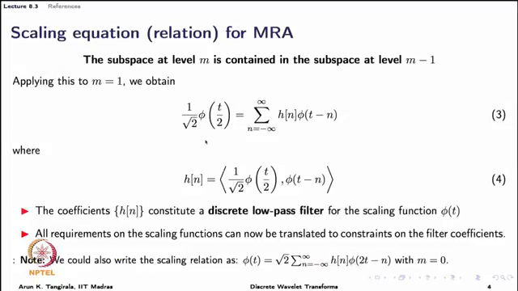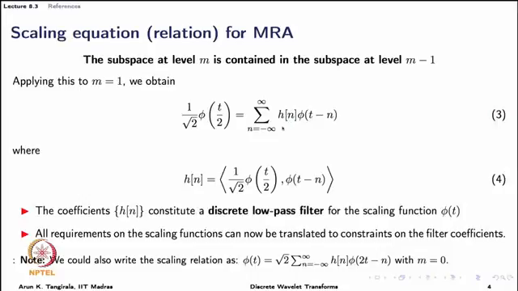So, I pick 1 over root 2 phi of t by 2 as one of the basis functions and express that as a linear combination of the basis functions in V naught. The basis functions for V naught are phi of t, we do not use the naught, phi of t and its translates, and the coefficients of this linear combination are your h of n.